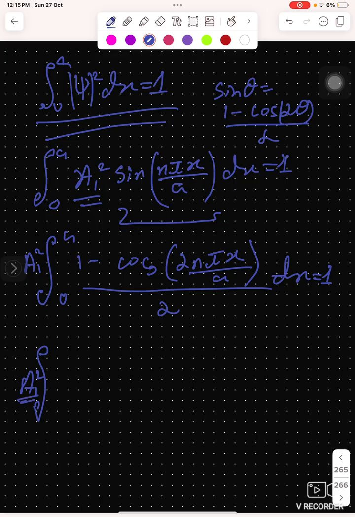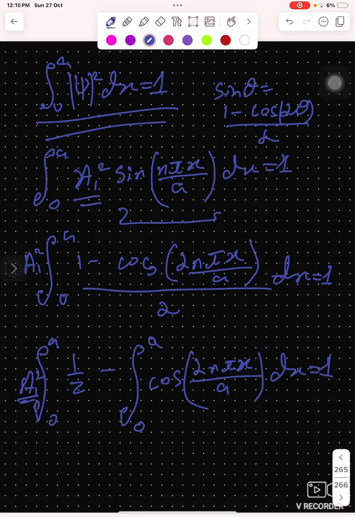This will stay outside. One over two a0 minus second integration a0 cos 2nπx over a dx equals 1. Okay, it will become 2k, because we don't want it to cancel, we want this 2k to be there.